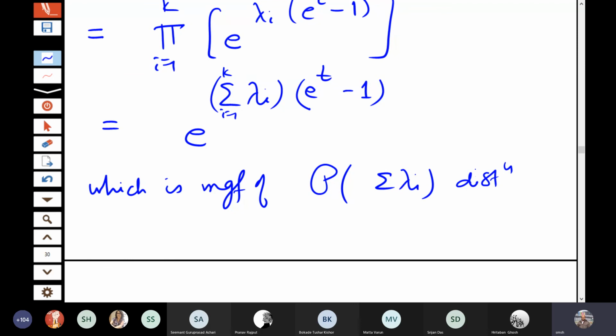So Poisson distribution is also additive. Again, you can consider that I am considering one set of Poisson arrivals, then another set of Poisson arrivals, and then another set. If I look at the total interval, what is the total number of arrivals? Again, it follows a Poisson distribution.